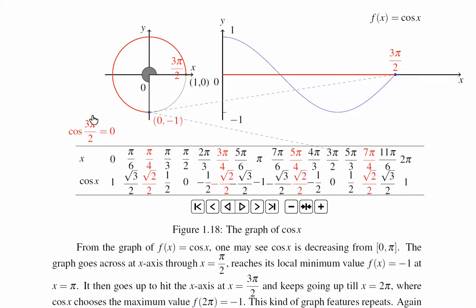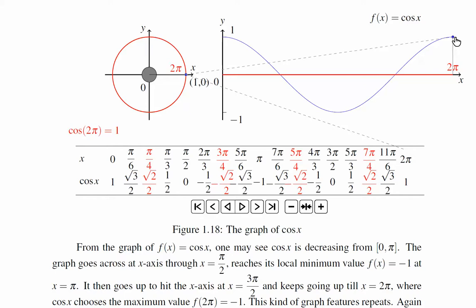That's for cosine. And then it reaches the last one, when x is 2 pi, then you will have cosine 2 pi is 1.